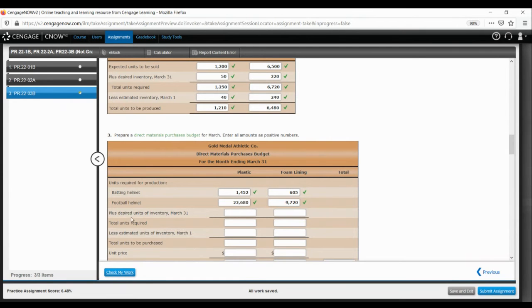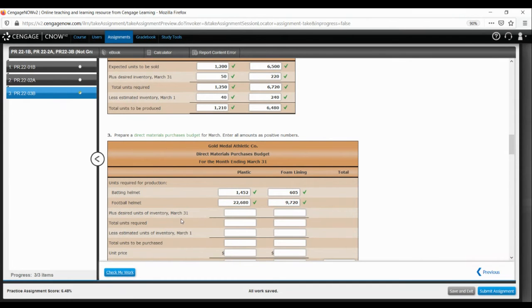Then you're going to look for the desired amount of ending inventory. We're going to add the desired amount of ending inventory to what we need that's going to be required for production.